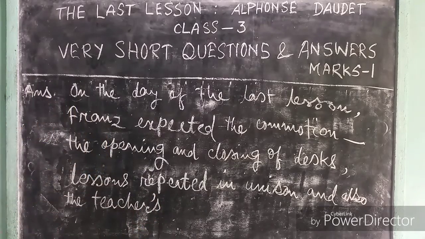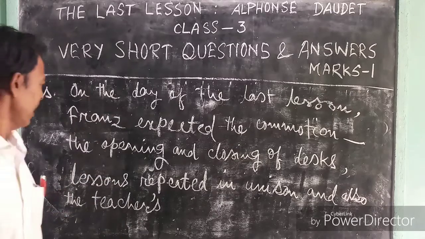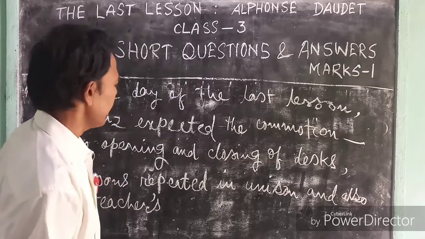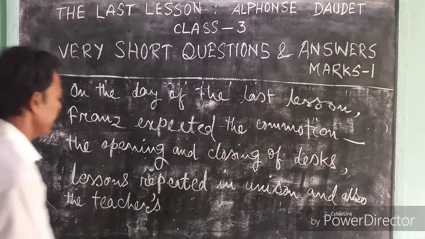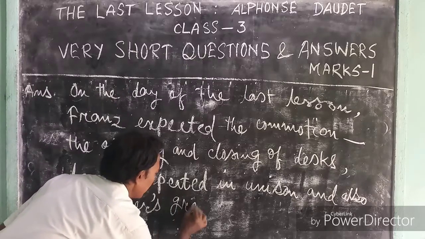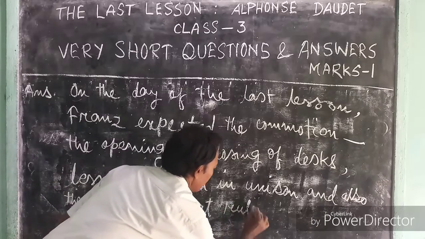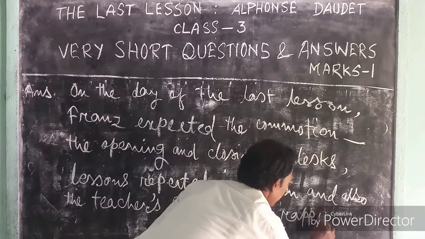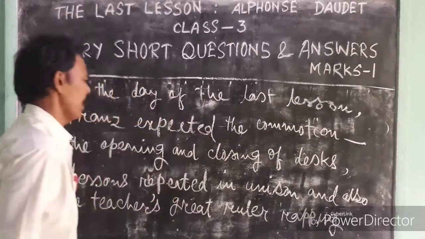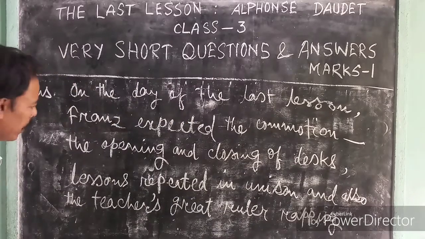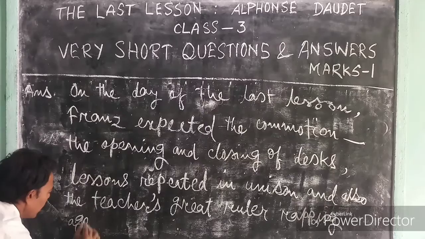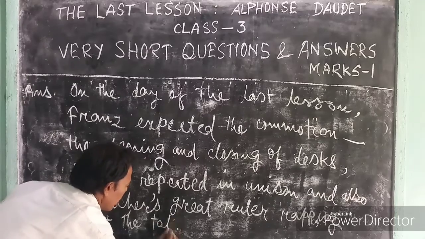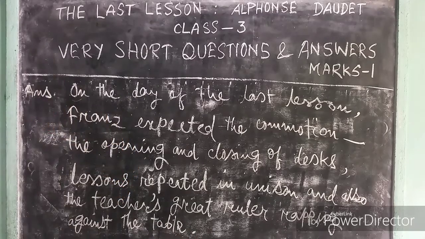Teachers, we have to put apostrophe s, otherwise it goes to a plural number. So sincerity is needed here. Great ruler, wrapping. Wrapping means tapping. Wrapping against the table.